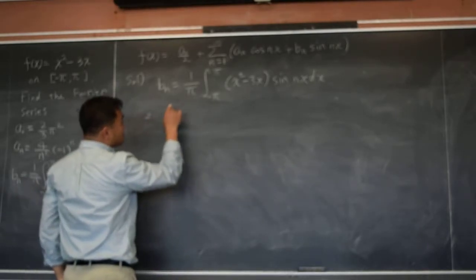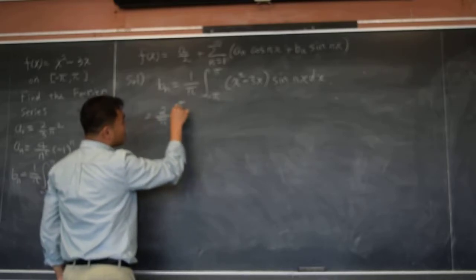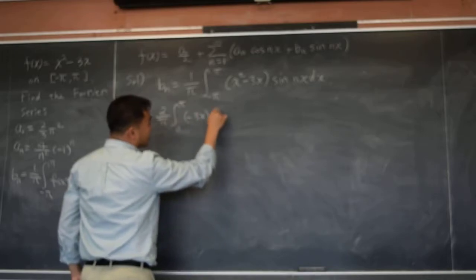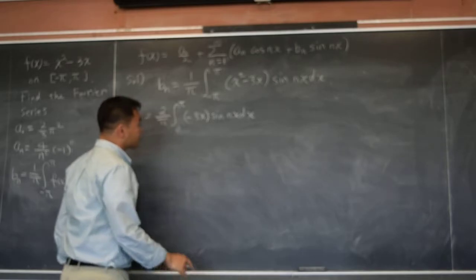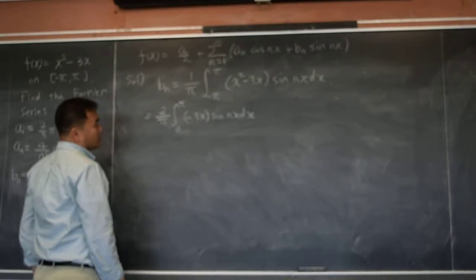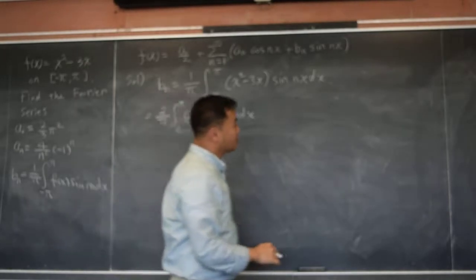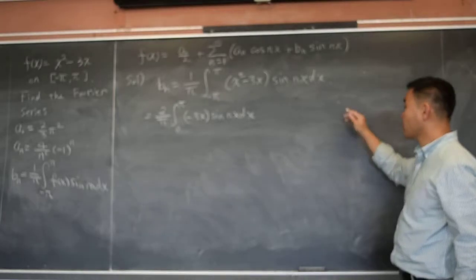So we will take twice the integral from 0 to pi of negative 3x times sine nx dx. Okay. And let's even pull the negative 3 out. So you get negative 6 over pi.